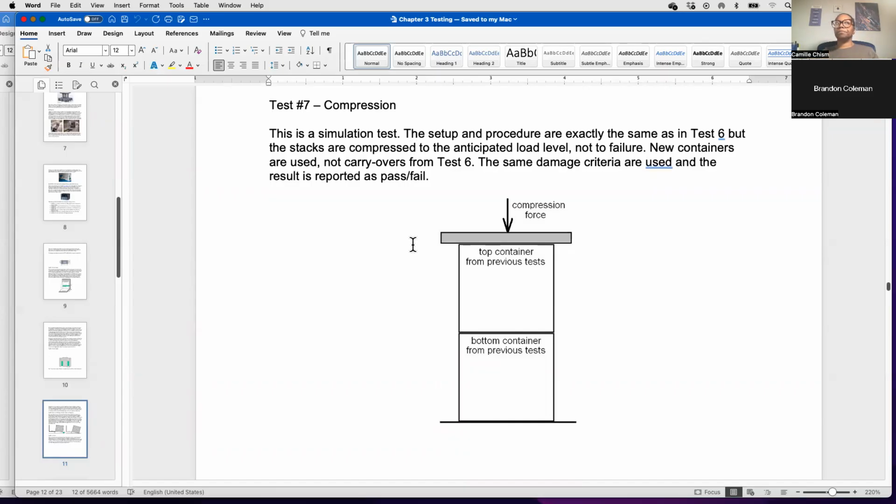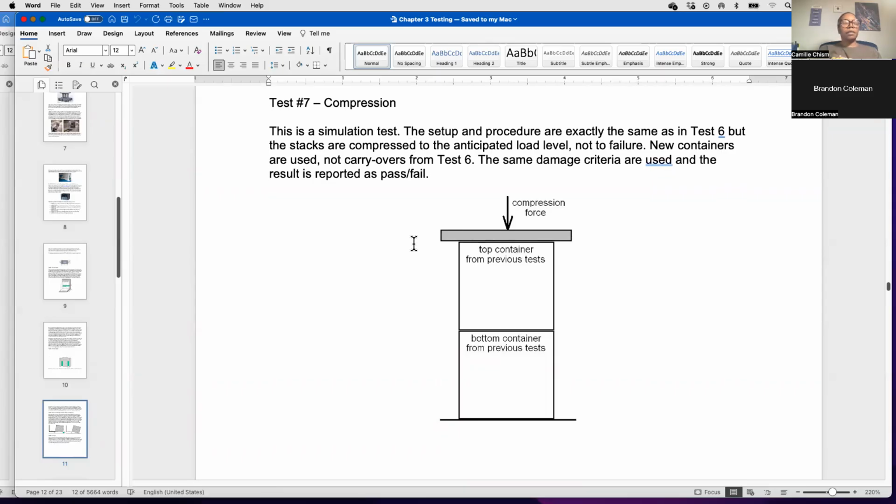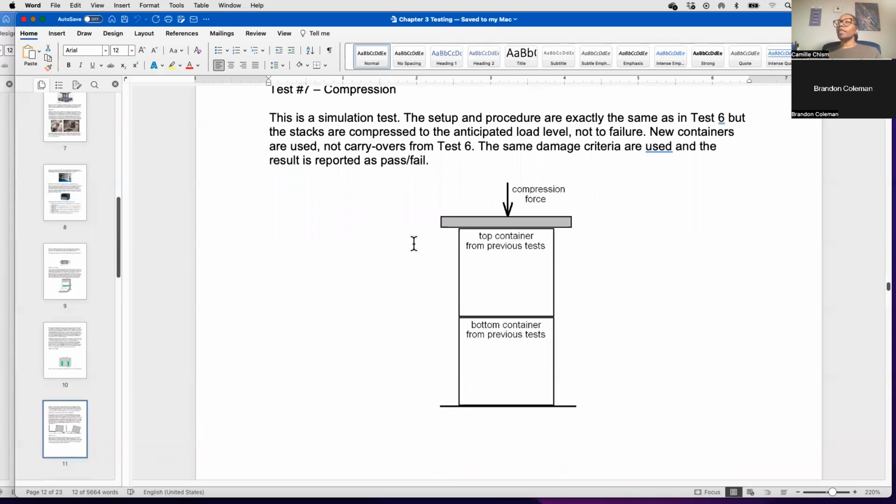Where a box this size, even if it's triple wall, you're going to see more damage or more failure if you ship metal parts in a triple wall corrugated box than if you ship something in a returnable container like this. They're more durable.